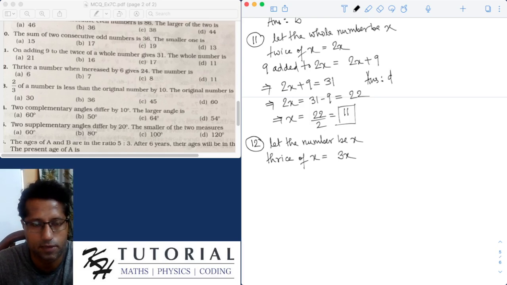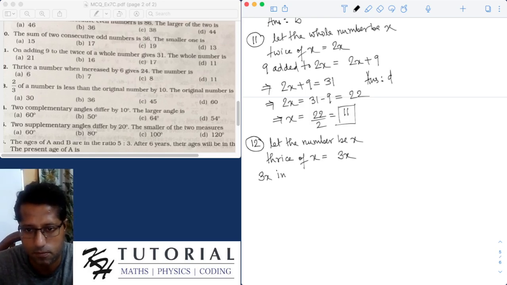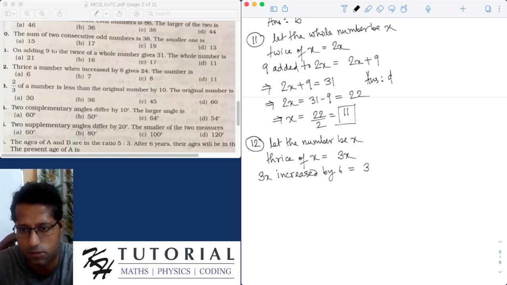It is saying that thrice a number when increased by 6 gives 24. So 3x, now it is saying 3x increased by 6 equals, we have to just add 6 to 3x.